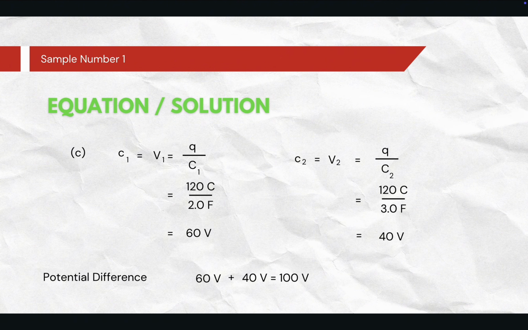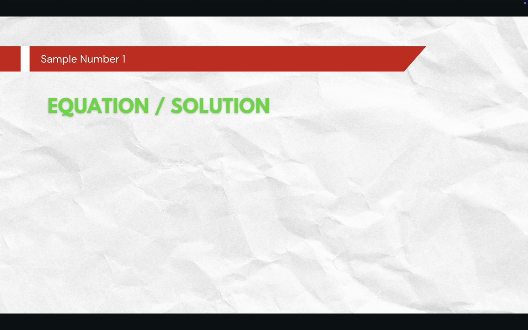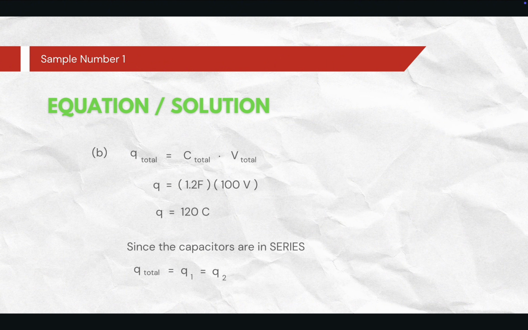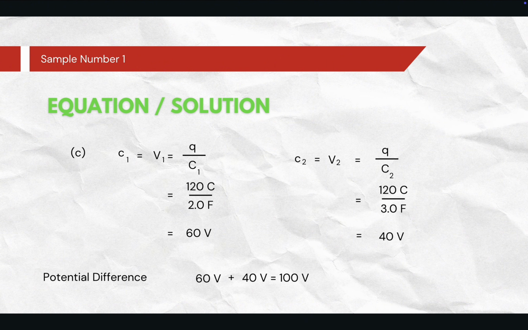Next is yung letter C. Ano yung letter C kanina? Yung hinahanap natin kanina, yung potential difference across each capacitor. So, ang formula na gagamitin natin dyan is V sub 1 is equal to Q over capacitor sub 1, yung capacitor number 1.